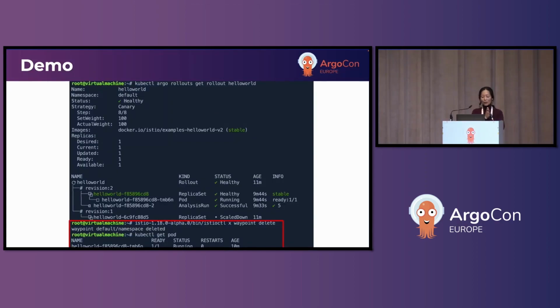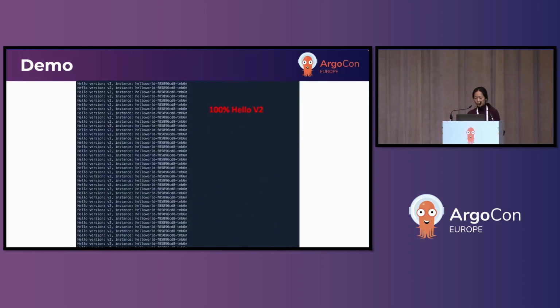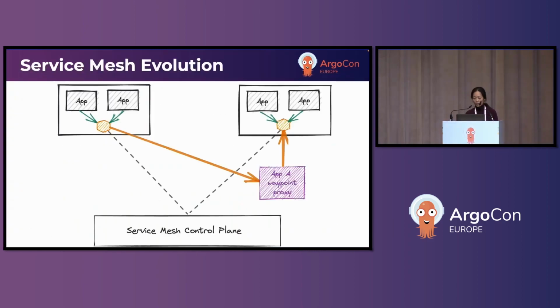Now, one thing I want to highlight, which is new with Ambient, is that I actually deploy a waypoint proxy, right? We talked about waypoint proxy architecture a little bit earlier in Ambient. The waypoint proxy is the key that helps do layer 7 traffic management and layer 7 traffic enforcement.